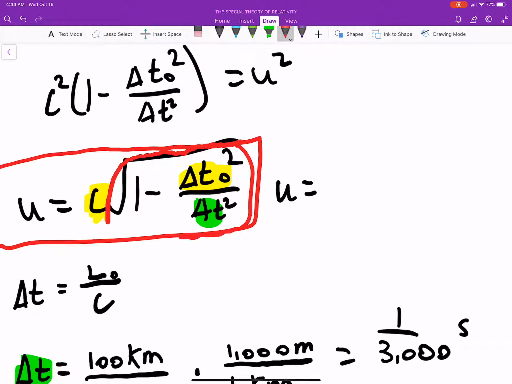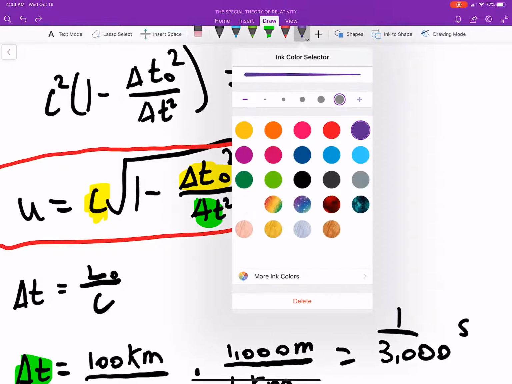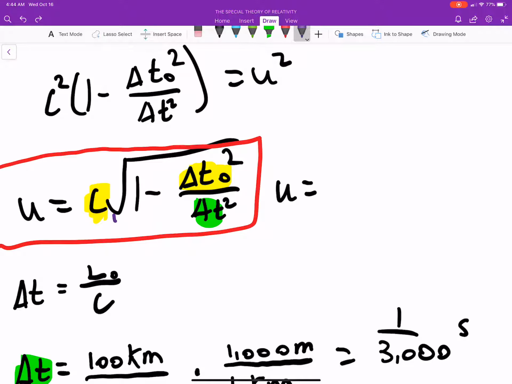Everything inside the radical, I should probably use a different color than red. That's a little silly of me. Purple. So everything that's inside this radical, I'm going to solve for it. I'm just going to keep c as c. It's kind of like how we keep pi, to be exact. It just makes it a little easier sometimes.